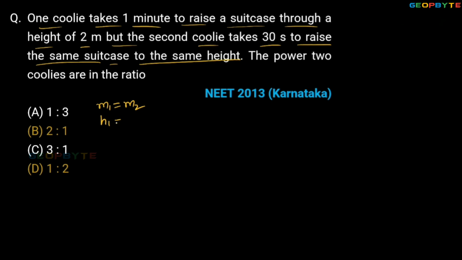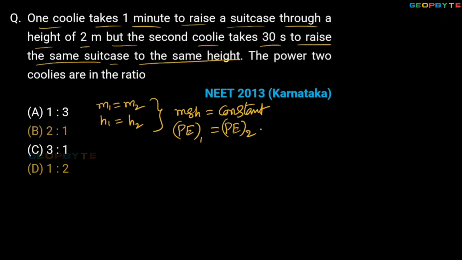Same height means h1 equal to h2. Therefore, mgh remains constant, meaning the potential energy of coolie 1 is equal to the potential energy of coolie 2. Then what is the ratio of power for the 2 coolies?